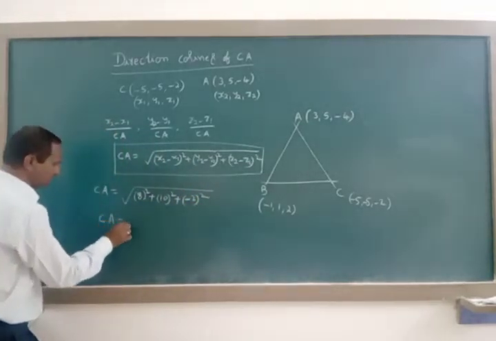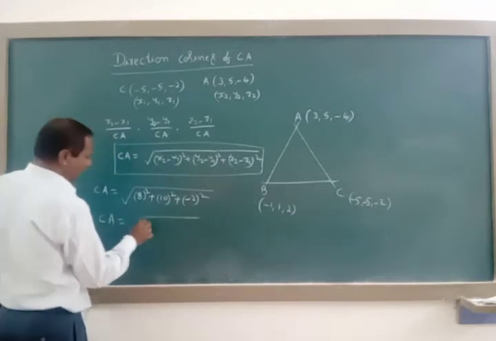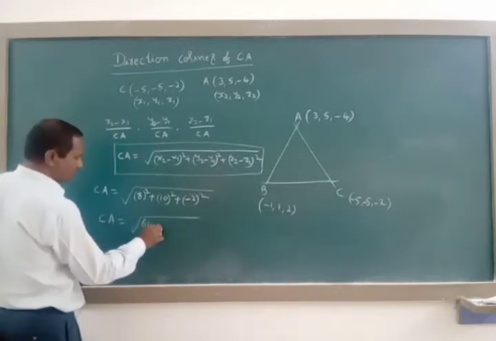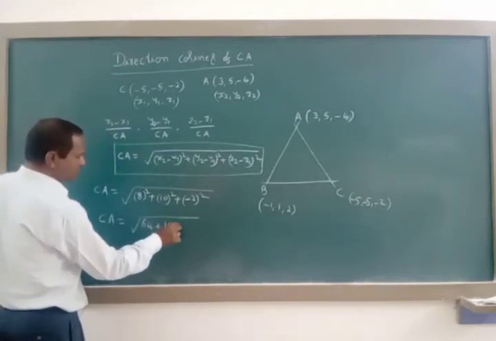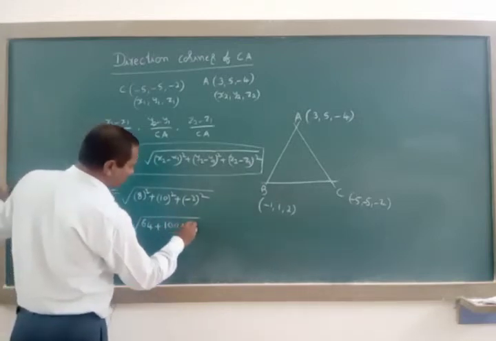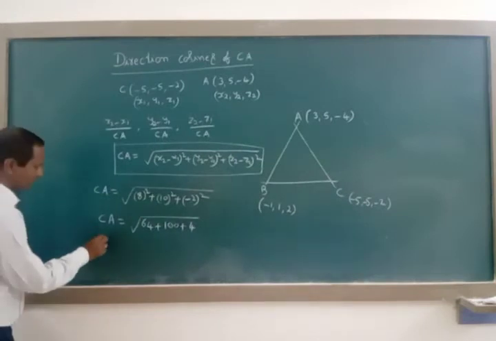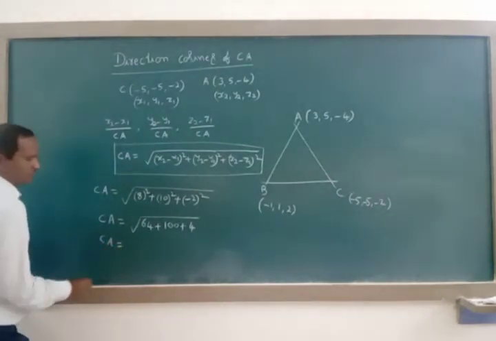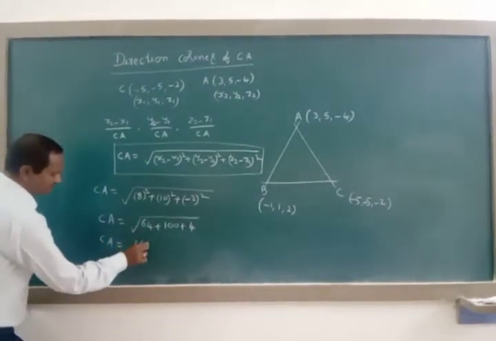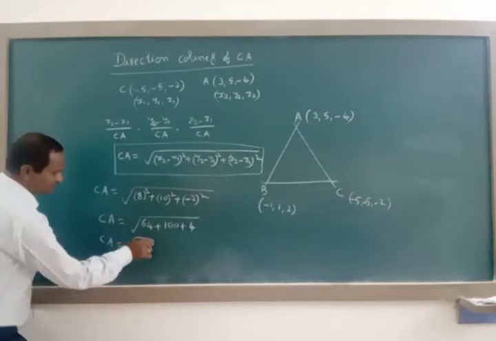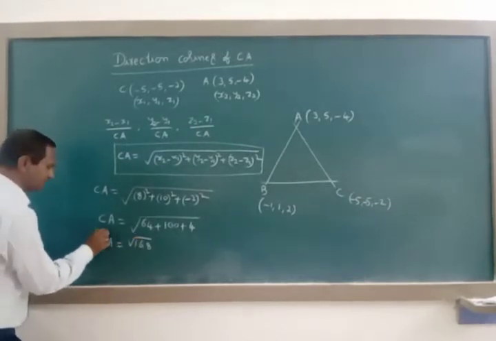CA is equal to the square root of 8 square, 64, plus 10 square, 100, plus minus 2 whole square, 4. That is, CA is equal to the square root of 168.